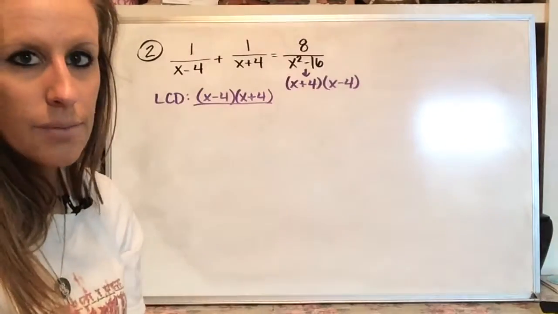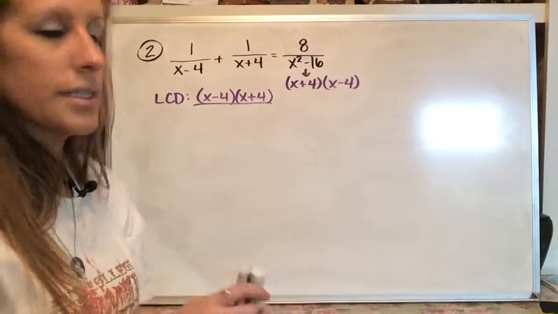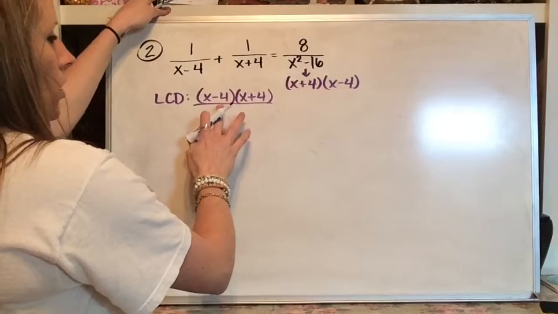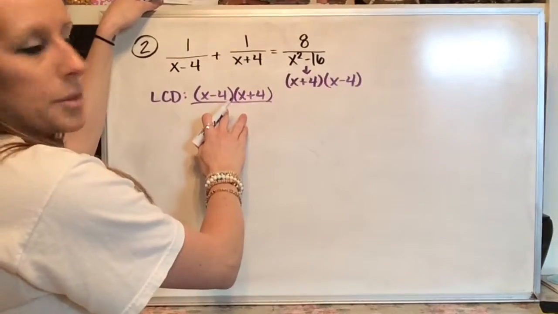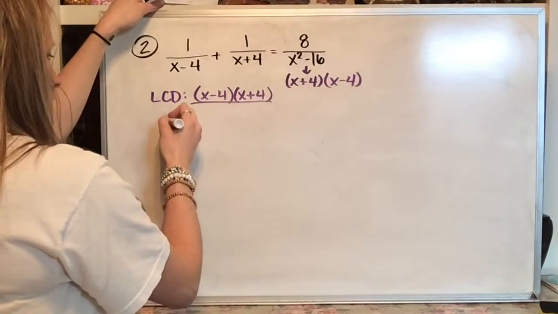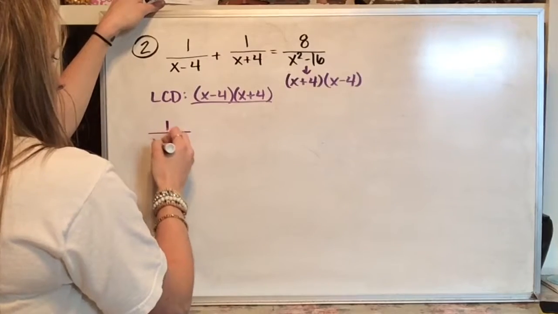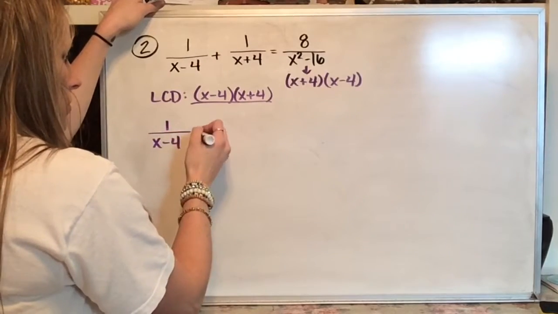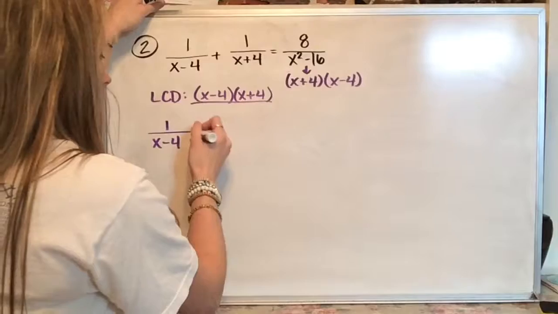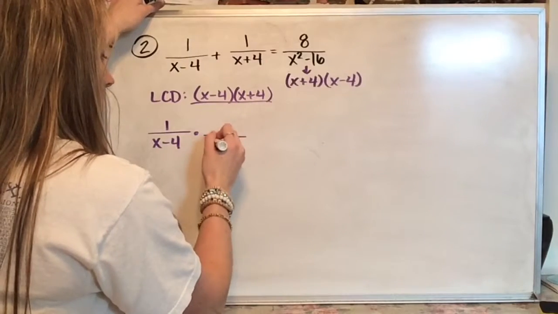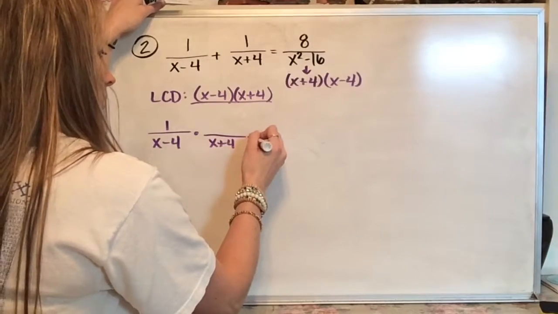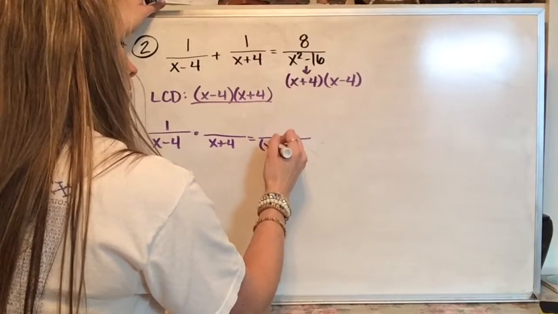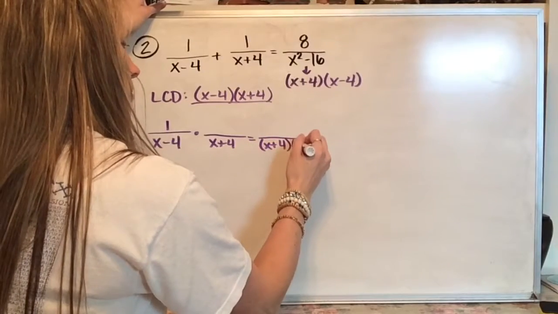All right, so next step is to get all of our denominators the same. So we need all of them to have this common denominator here. So let's take that first fraction. We have x minus 4 in the bottom. So to get this common denominator, we're going to have to multiply by x plus 4. And what you do to the bottom, you have to do to the top.